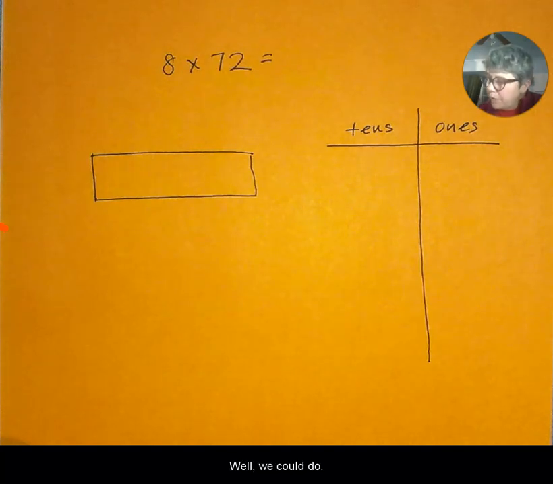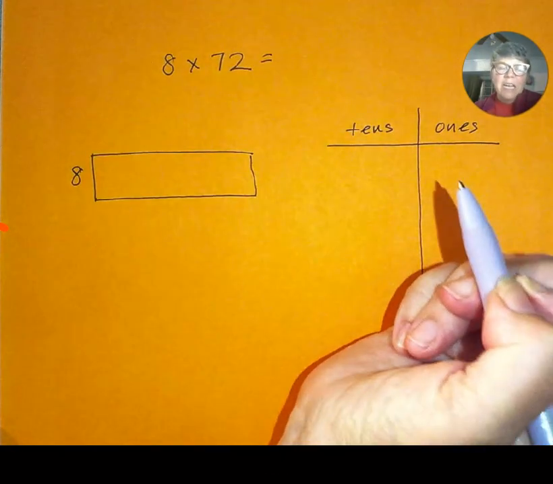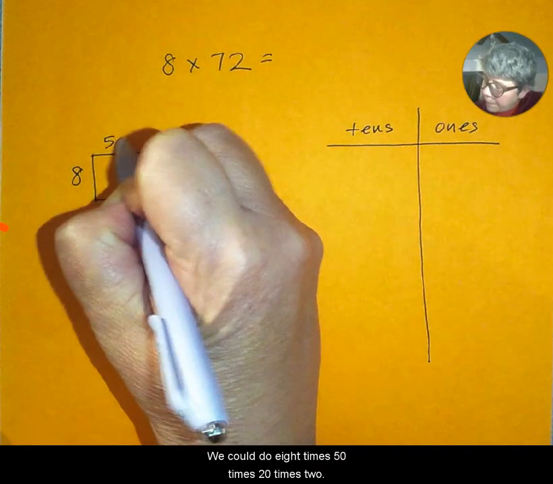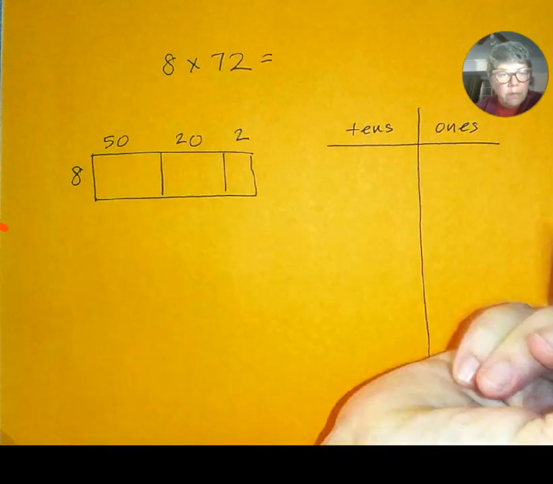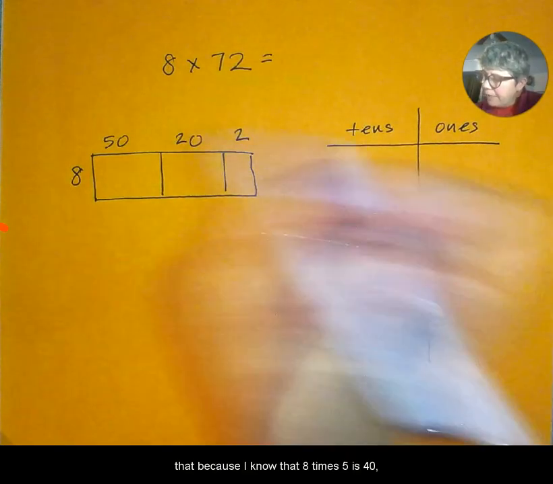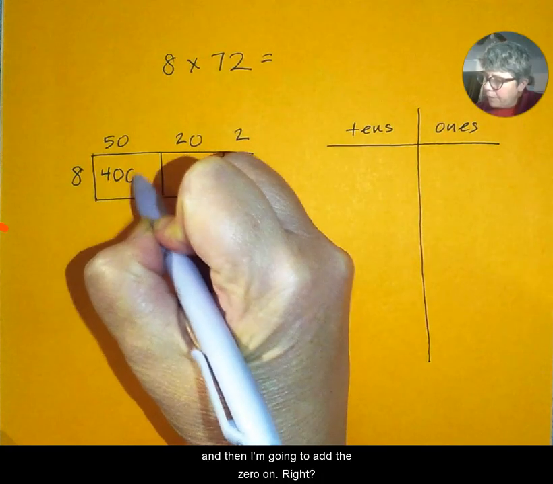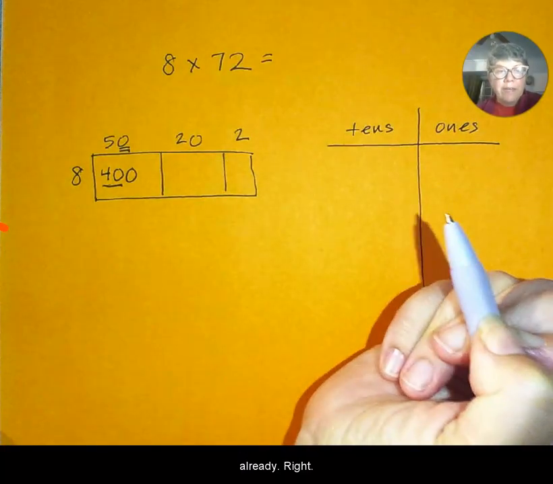Well, we could do, 8, right? We're multiplying by 8. We could do 8 times 50 plus 20 plus 2. Yeah, I'm kind of comfortable with that, because I know that 8 times 5 is 40, and then I'm going to add the 0 on, right? 8 times 5 is 40, so don't mess up because there's a 0 there already, right?